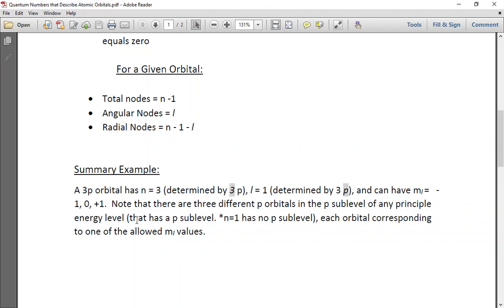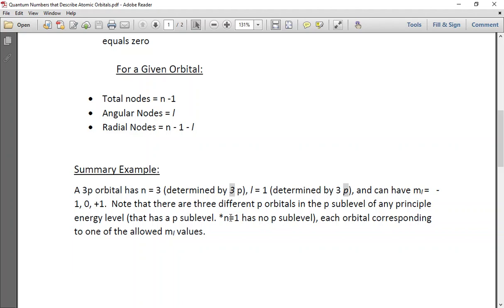That is, if that energy level has a p sublevel. Note that the n equals 1 principal energy level has no p sublevel. In the first principal energy level, there's only one sublevel present, and it's the s sublevel. When we get into the second principal energy level, that's when we have an s sublevel and a p sublevel.